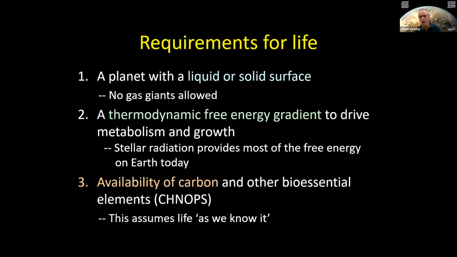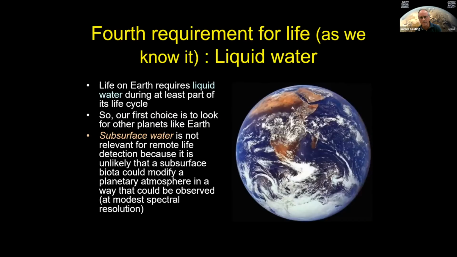I'm going to assume carbon-based life in this talk, so that's a little bit anthropocentric, but on the other hand, there are lots of good chemical reasons why carbon is used by life. It forms bonds much more easily and in a much wider variety of ways than other elements. So I personally think that if we find life elsewhere, it will also be carbon-based.